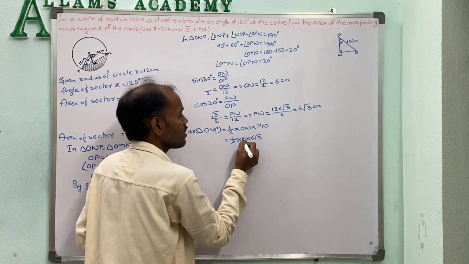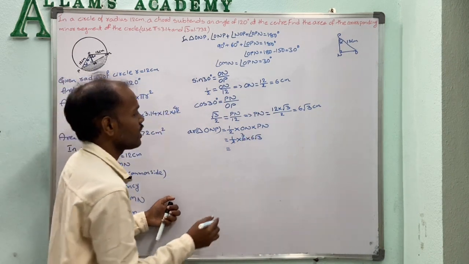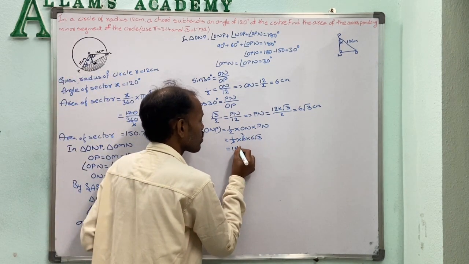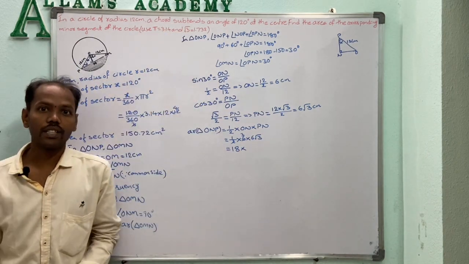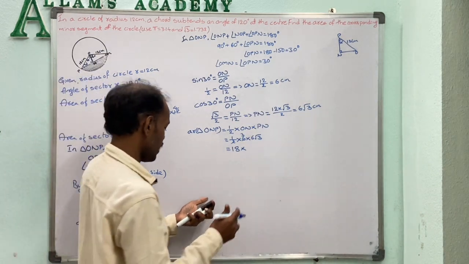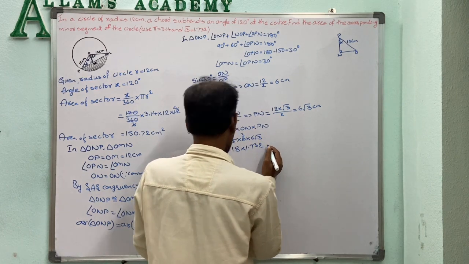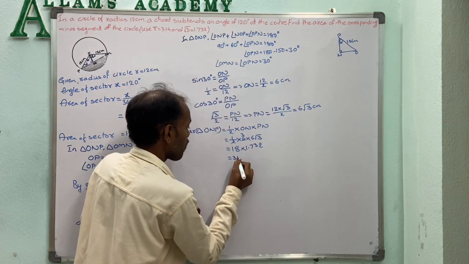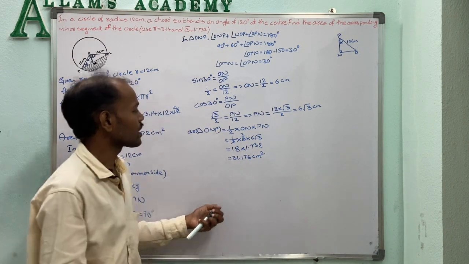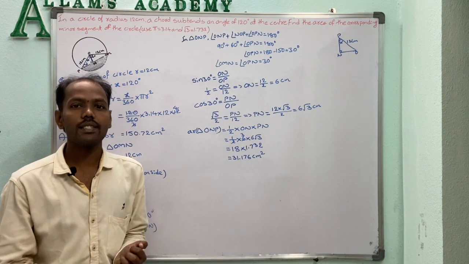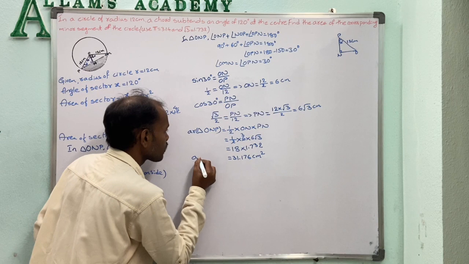Now 2 ones are 2, 2 threes are 6, so 3 sixes are 18, 18 into root 3. But the root 3 value given here is 1.732. So 18 into 1.732 is nothing but 31.176 centimeter square. It is the area of triangle ONP.